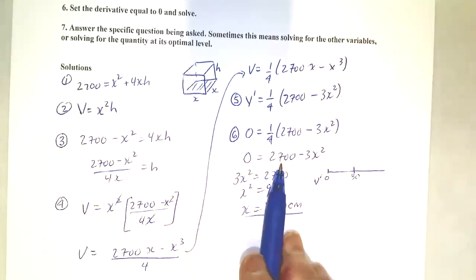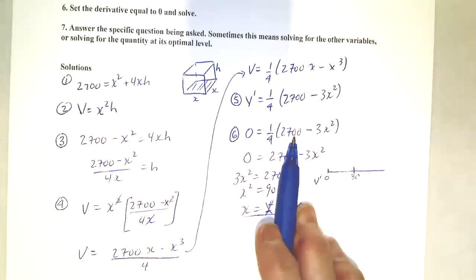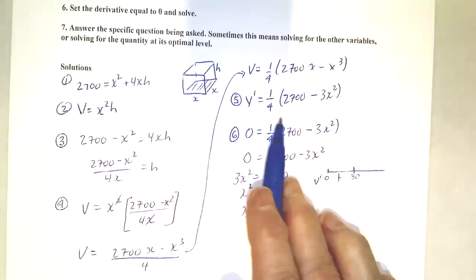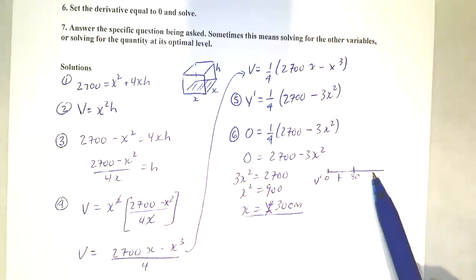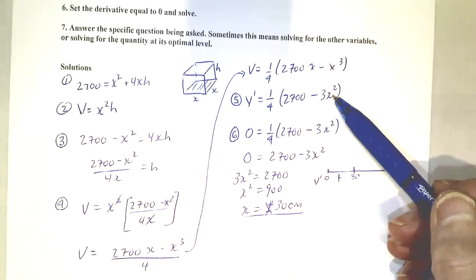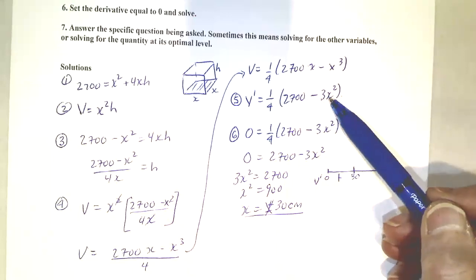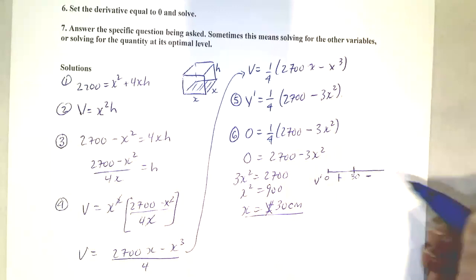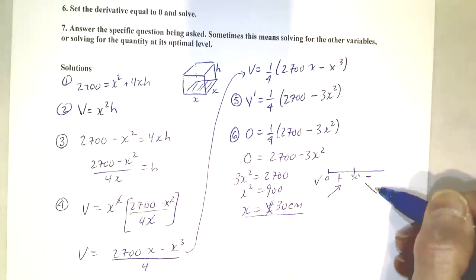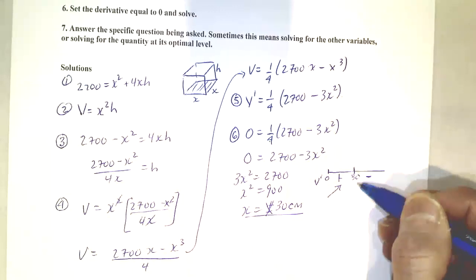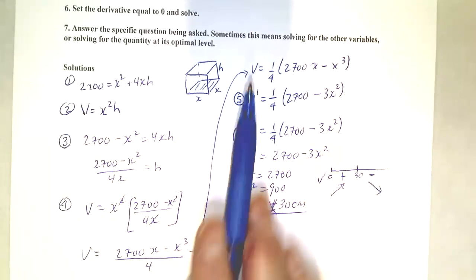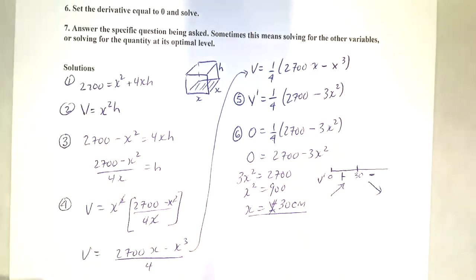Let's say we do it even right here. 2700 minus 300 is definitely positive. If we take a number bigger than 30, like 50, we get 2700 minus 3 times 2500, definitely negative, which means my function changes from increase to decrease, which guarantees that 30 corresponds to when volume has a local maximum.